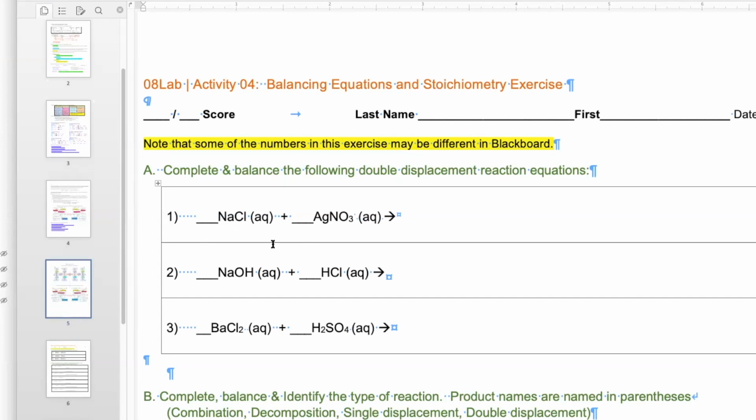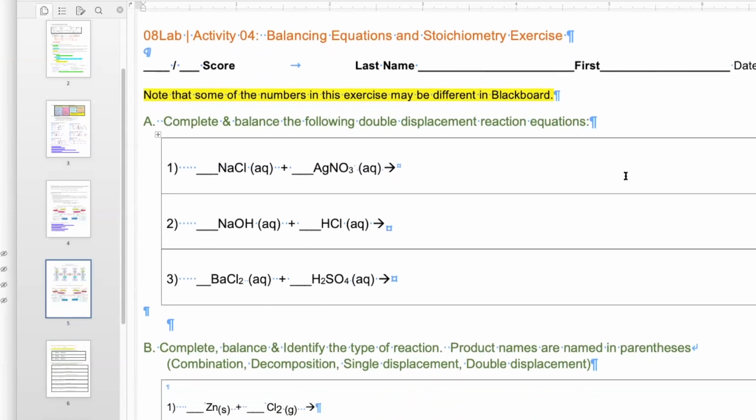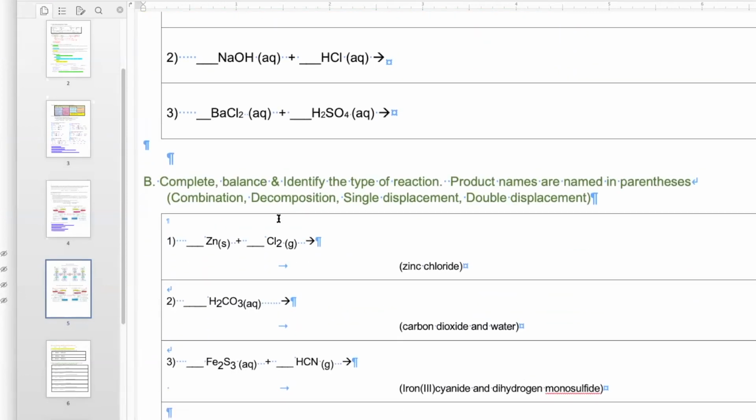The cation of one is going to replace the cation of the other. Likewise here, the hydrogen is going to substitute for the sodium. That's why this is blank, because in a double displacement reaction, it's pretty much known what the answers will be.